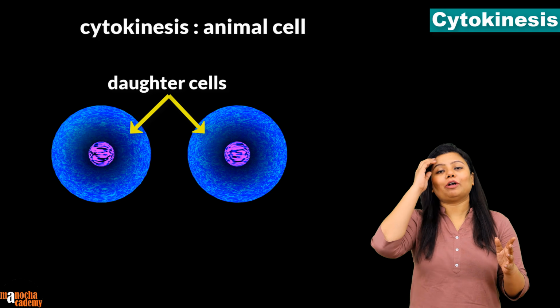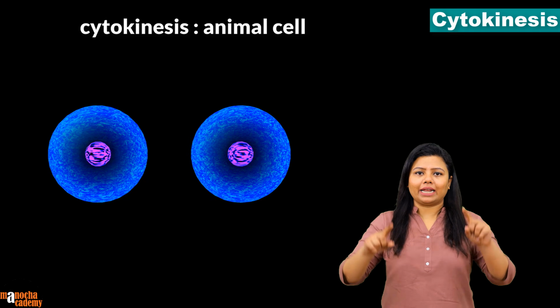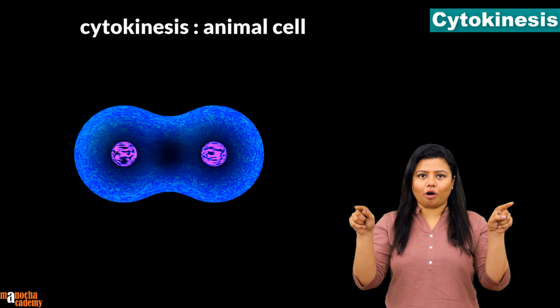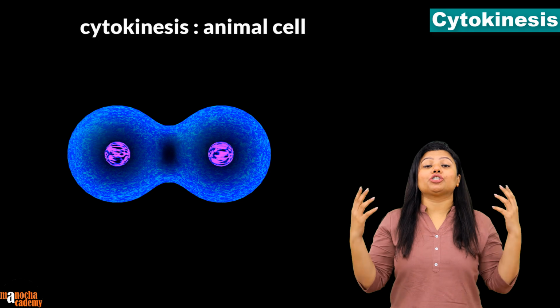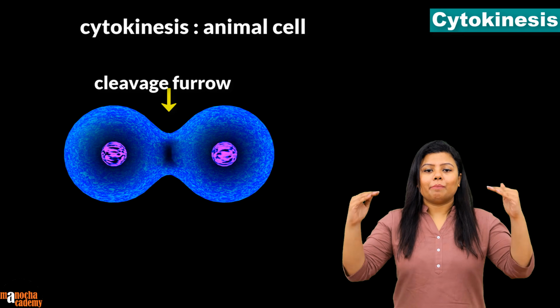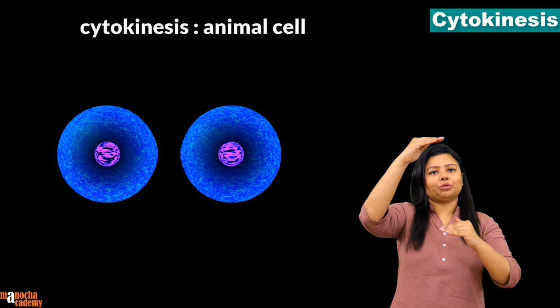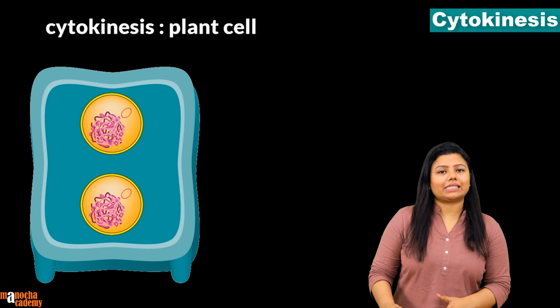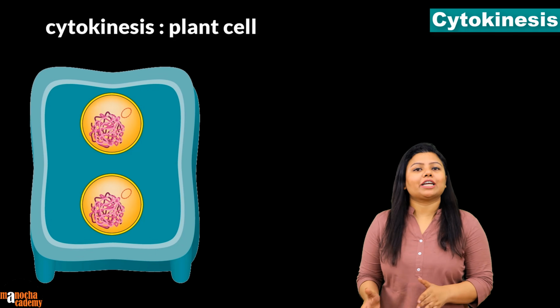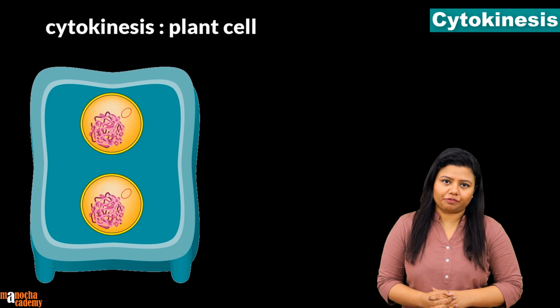So it is simply because of the flexibility of the cell membrane that invagination can be formed, and the invagination, which is known as the cleavage furrow, meets at the center and therefore separates the two cells from each other. In plant cells, the division of the cytoplasm cannot take place by cleavage furrow.